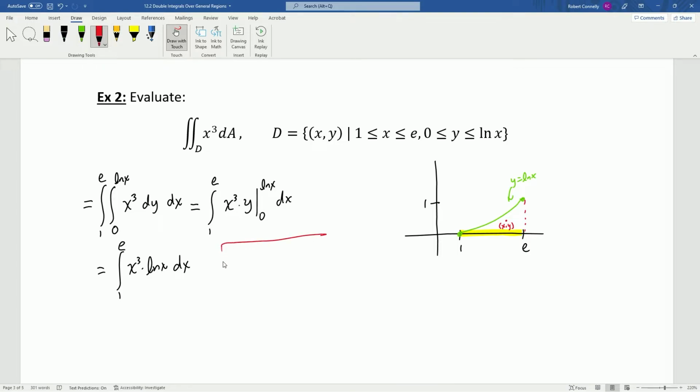So now, this would require integration by parts. So u is going to be ln of x. du is going to be 1 over x dx. dv is going to be x cubed dx. And so v is x to the 4th over 4.